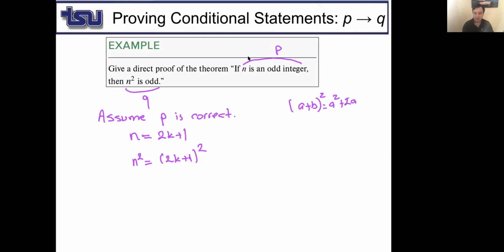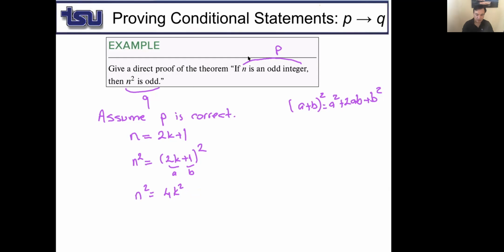So n squared will be 4k squared plus 4k plus 1. And this is, in parentheses, 2k squared plus 2k plus 1.